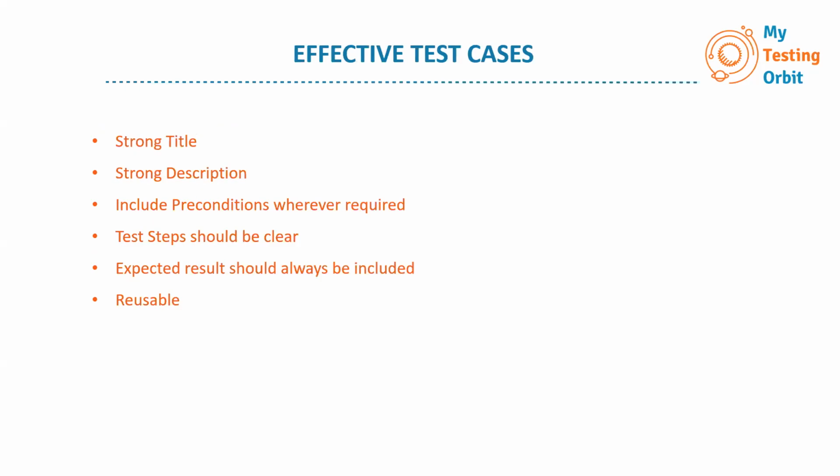Okay, so now we know what the structure of a test case is. We have also gone through the different things which need to be in a test case, but now what do we need to write an effective test case? First of all, let's go through why we need an effective test case. What are the benefits of writing a test case?